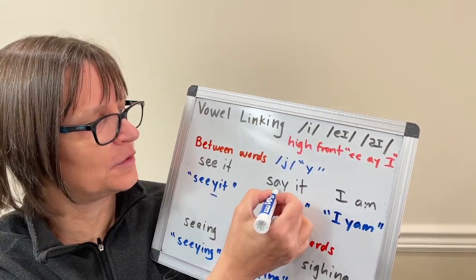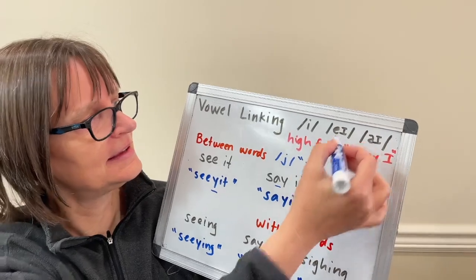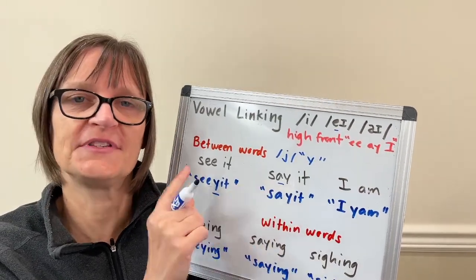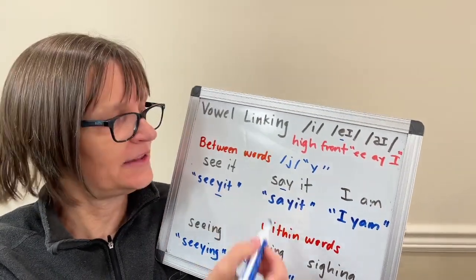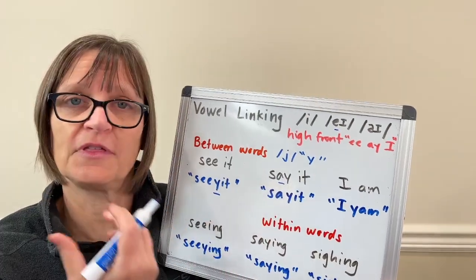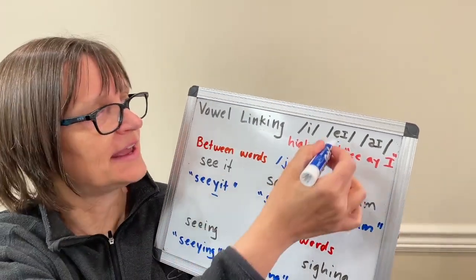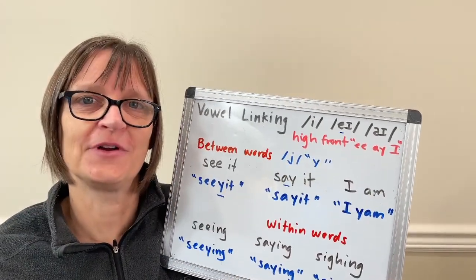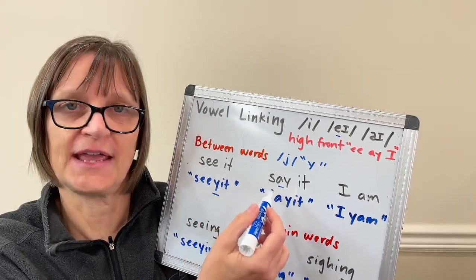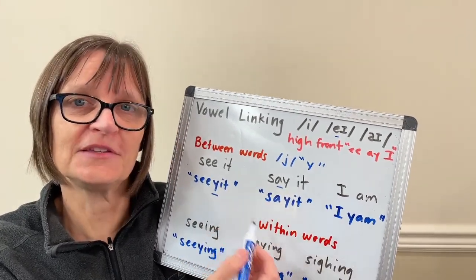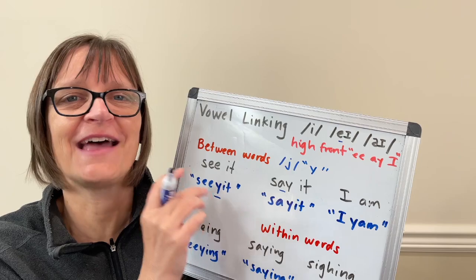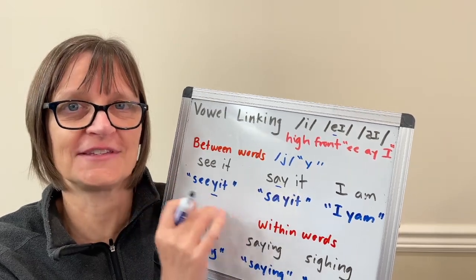Same thing happens for the A sound. Another example, say it. In the word say, we actually spell it with the letter Y. The sound A is usually spelled with AI or AY, and it's usually AY at the ends of words. So this might be simpler for you to think of it having that y gliding sound, say it.